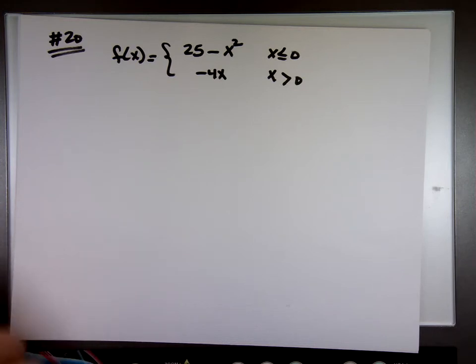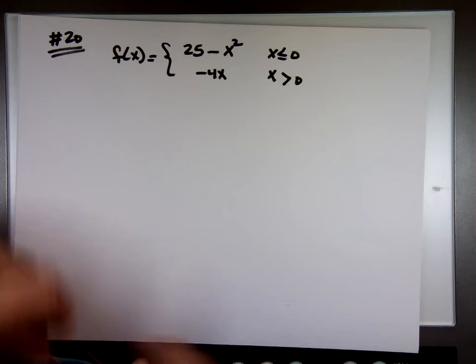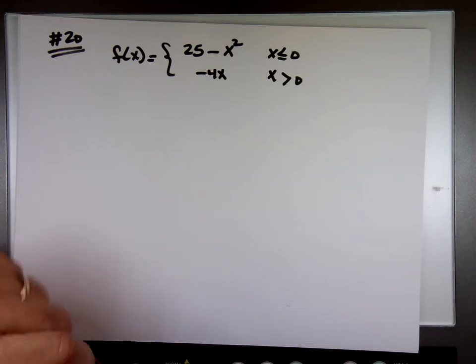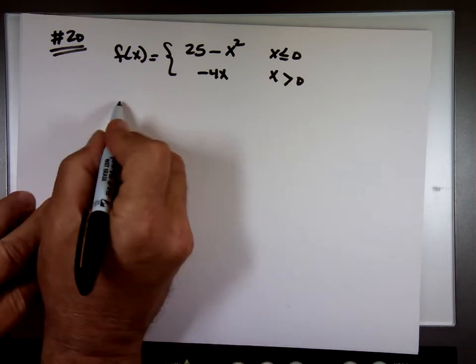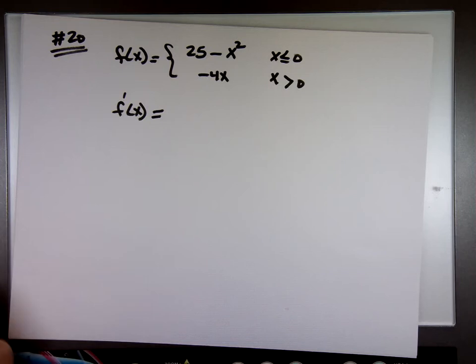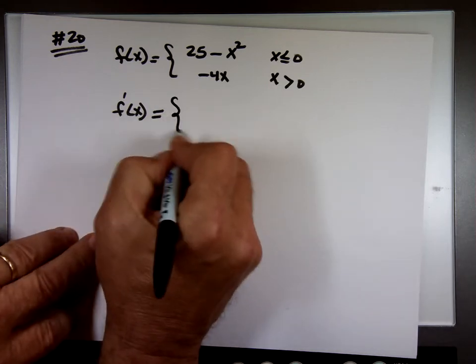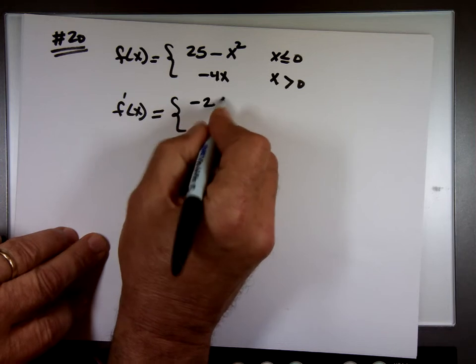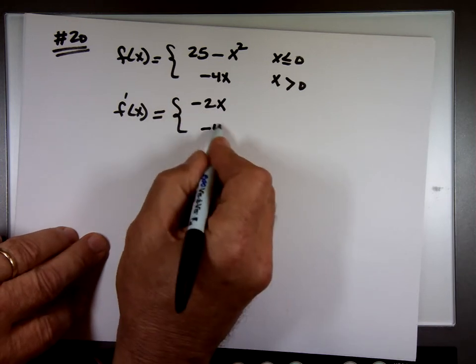Okay. If you take the derivative of this, the derivative is going to be what? Negative 2x. This will be negative 4.